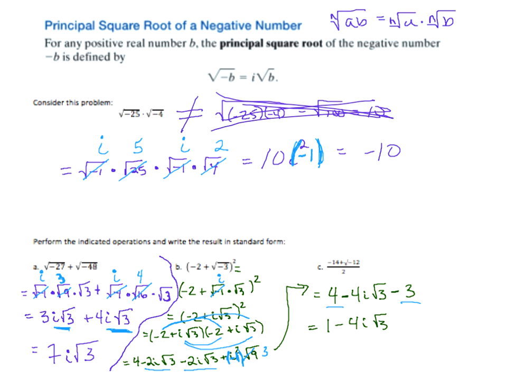And that problem is negative 14 plus the square root of negative 12, over 2. I would have never guessed that. Okay, let me get a clean page and write that problem on here.